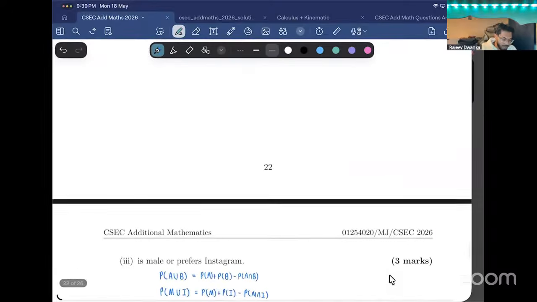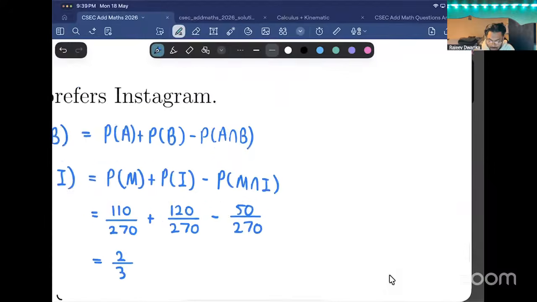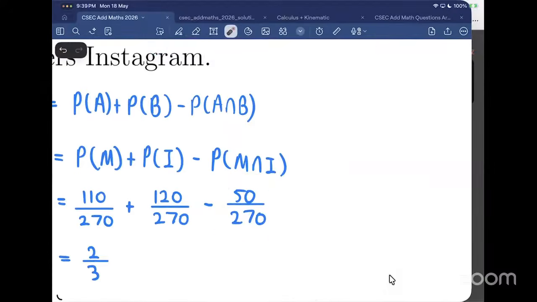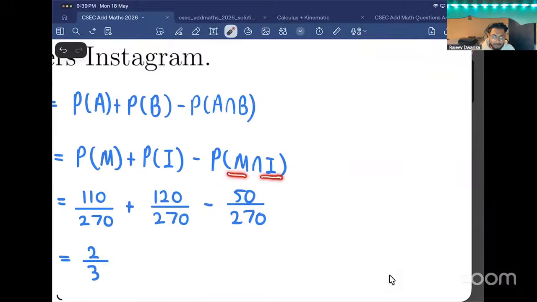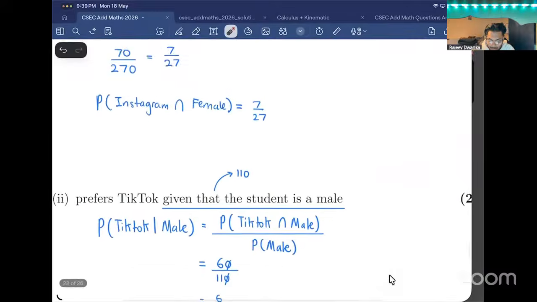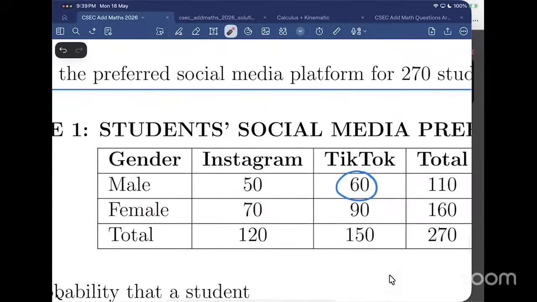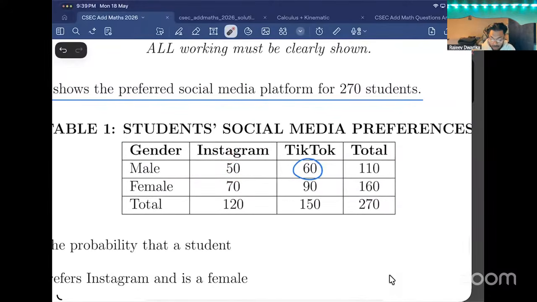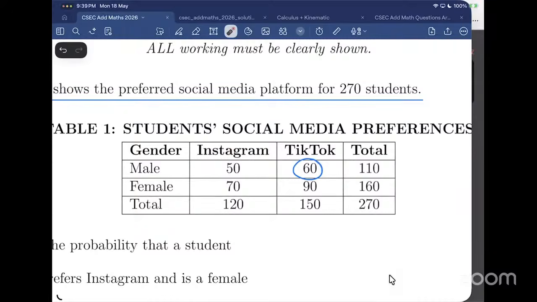All right, so Melissa, you said why not 50 over 120? I presume you're talking about over here. If we're talking about mail and Instagram, I'm looking for the population that's mail and Instagram. So that's 50, so that'll be 50 over the total, which is 270. I would not say 50 over 120. It's not conditional probability.